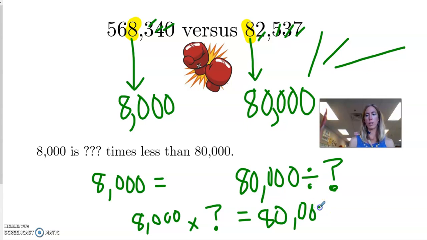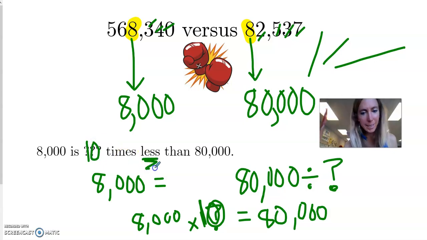We just have to turn it around. And what do you know? Who comes into play yet again? The number 10. 8,000 times 10 will give us 80,000. So 8,000 is 10 times less this time than 80,000.